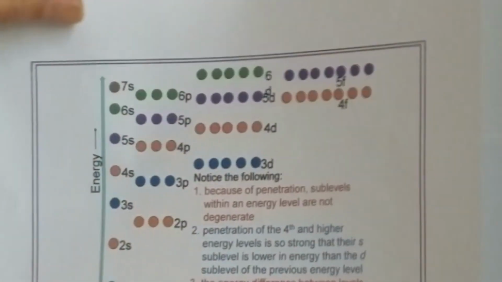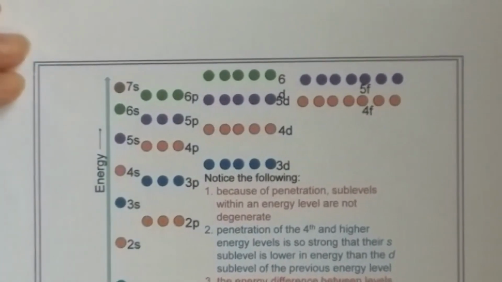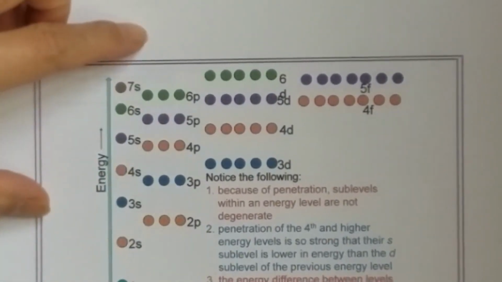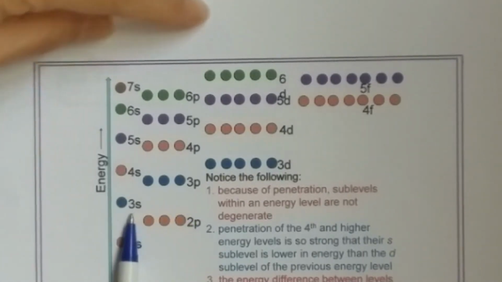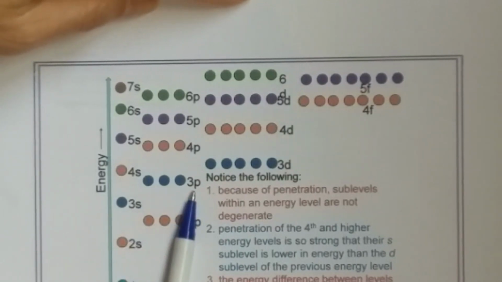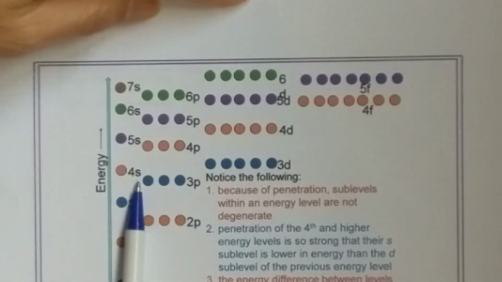Now, as I mentioned in class, when electrons are placed in the orbitals, they will start from the lowest energy level first. So we always start with 1s, 2s, then 2p, then 3s, 3p, 4s.